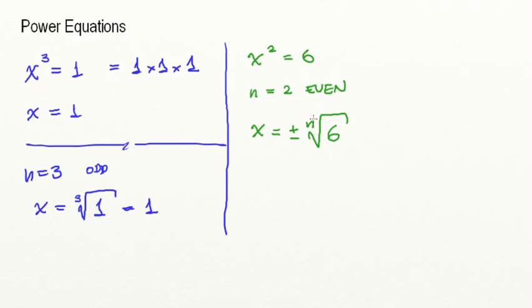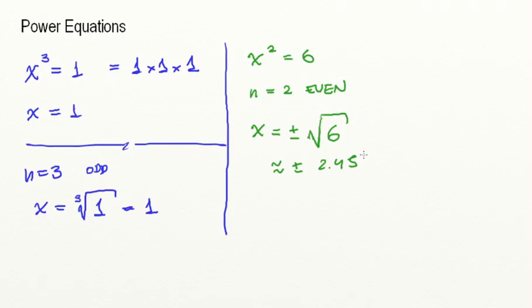So let's just make this simple. When this is 2, we don't really write it, right? We just write the root. Now this is a surd, so we wouldn't be able to solve it. If you did have a calculator though, you would find this value to be, well, approximately plus or minus 2.45.